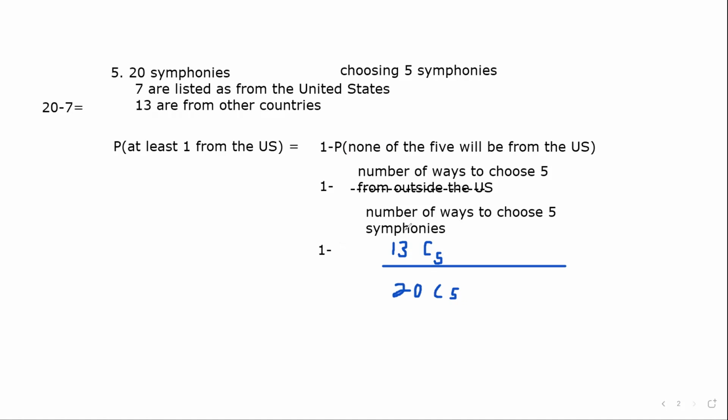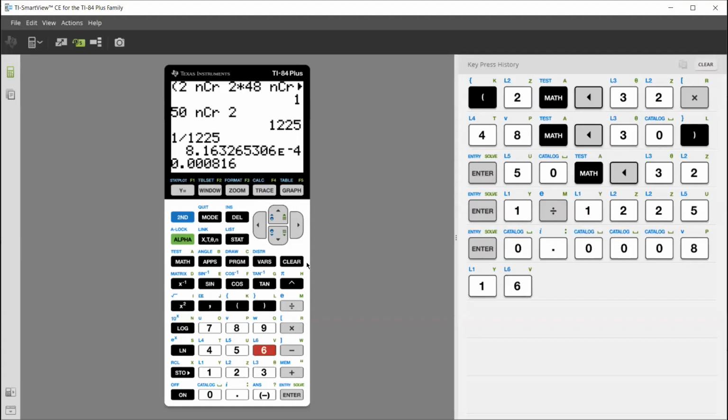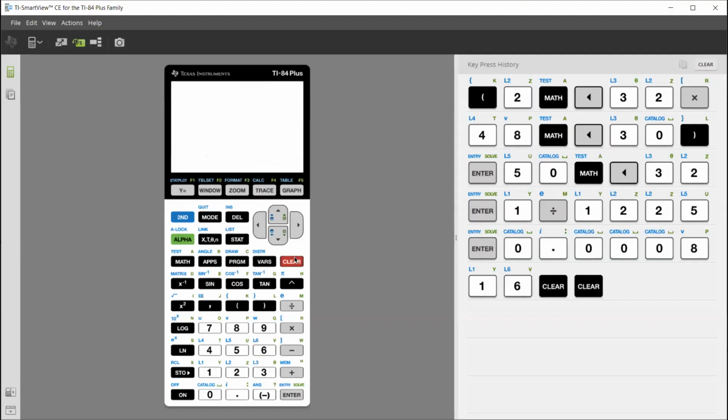Okay. So let's look at it. Put our calculator on the screen here. Okay, there it is. There's the calculator. All right, so let me clear this out. We have 1 minus, and I'll go ahead and do the fraction first. Then I'll go back and do 1 minus in a minute.